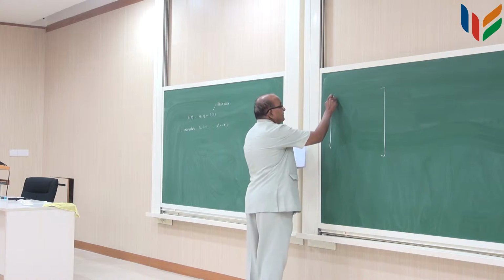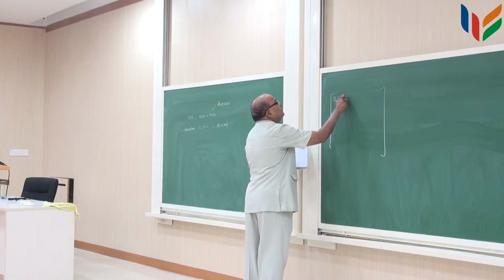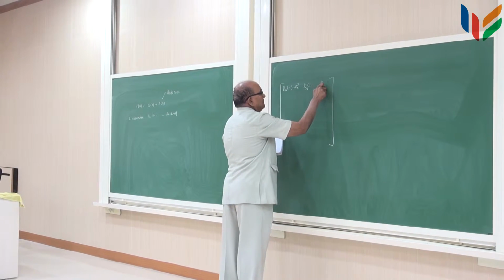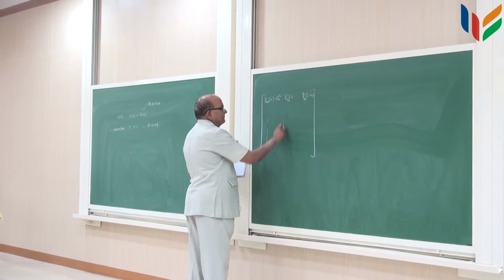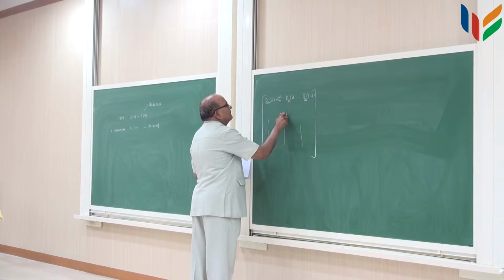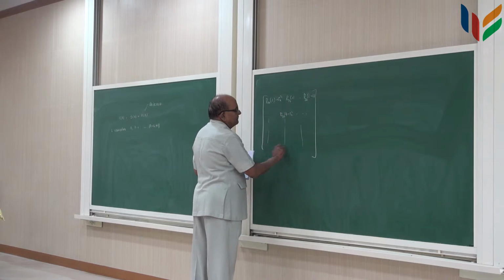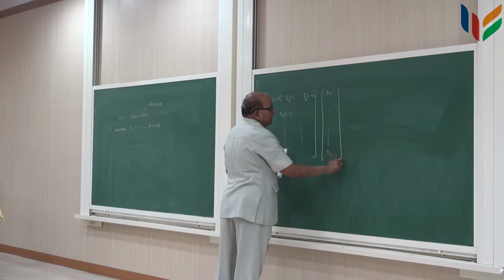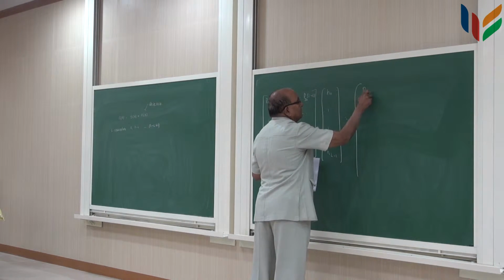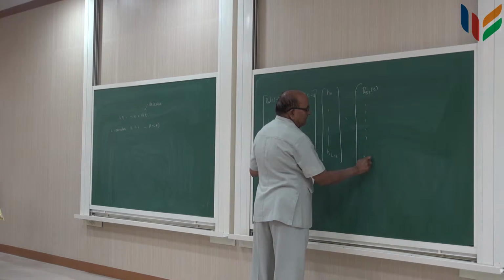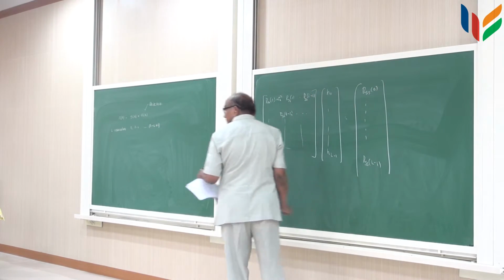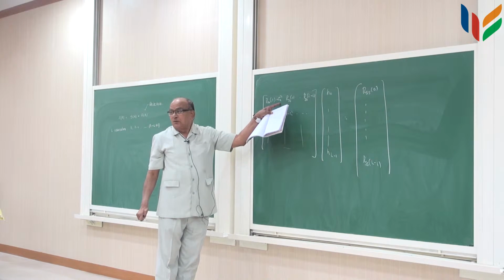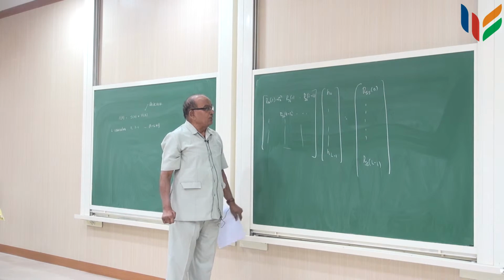Because signal and noise are uncorrelated, RSR will become equal to this, and the rest of them, since there is no correlation, become equal to this.